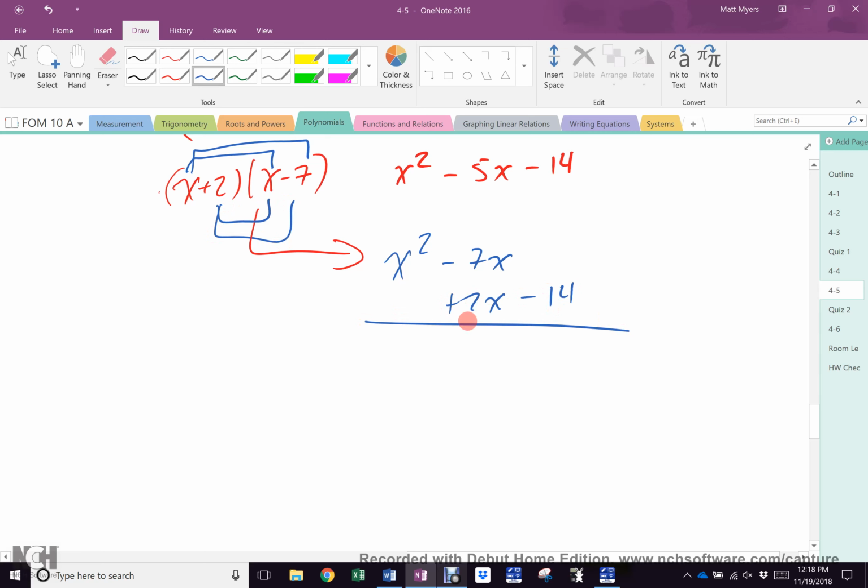Negative 7 plus 2, negative 5. 2 times 7, negative 14.